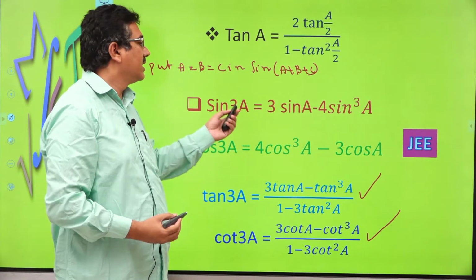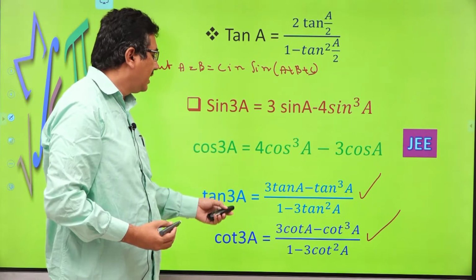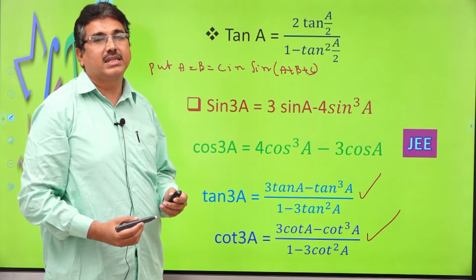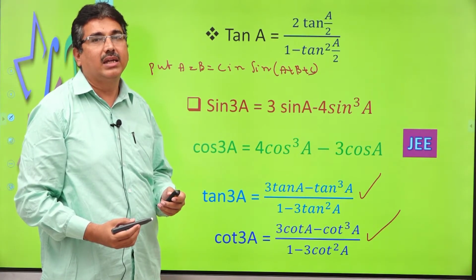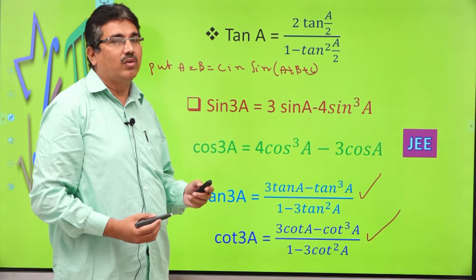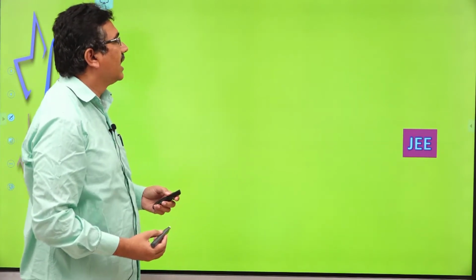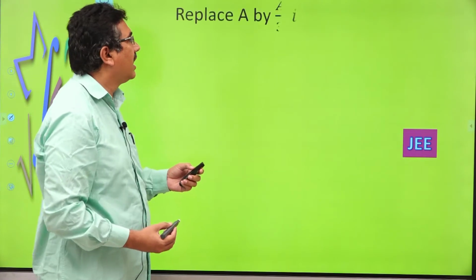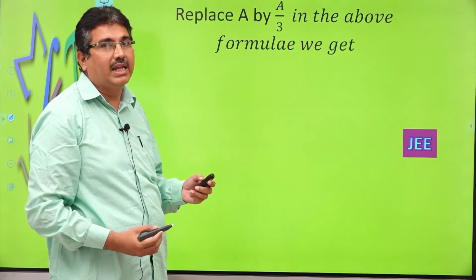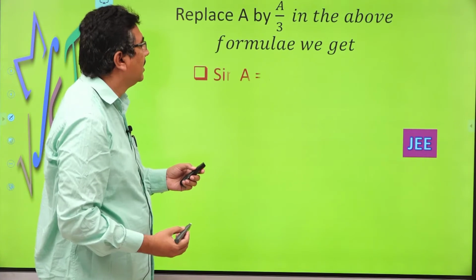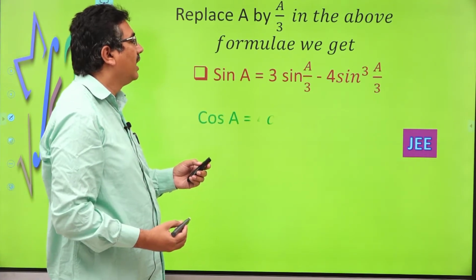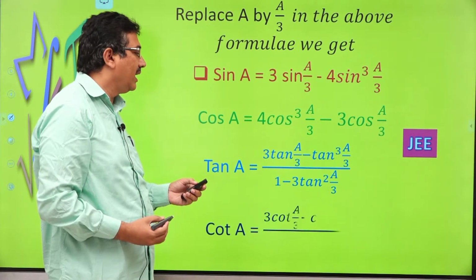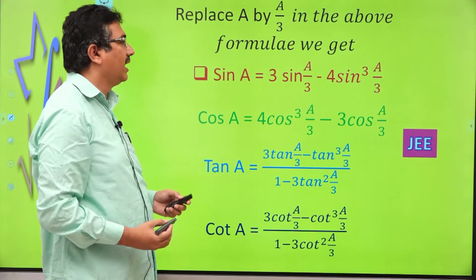Okay, write sin 3A, cos 3A, tan 3A, cot 3A. Right, replace angle A by A/3. We have the sin A formula in terms of A/3, the cos A formula in terms of A/3, the tan A formula in terms of A/3, and the cot A formula in terms of cot A/3.